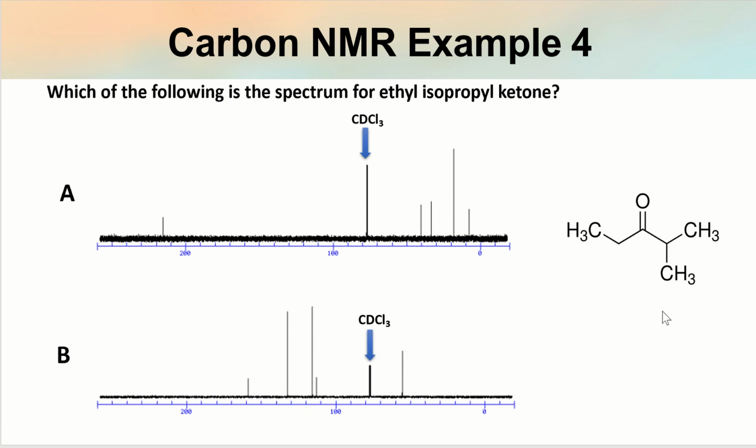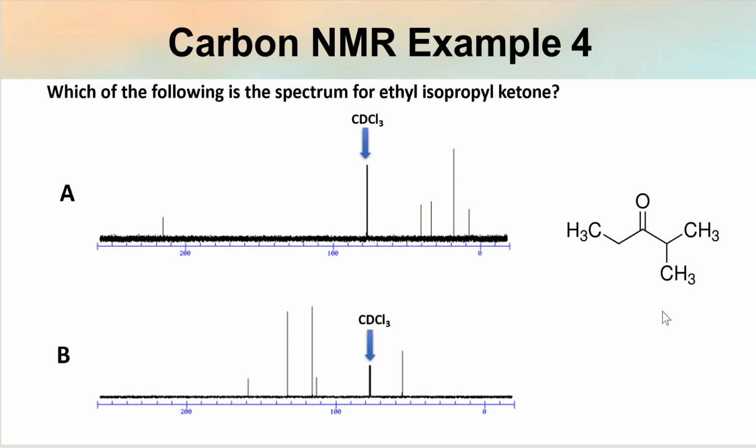You know, that might not help us this time around because both spectra have 5 signals, right? But the first thing you want to think about is how many signals would you expect? And in this case, that information will not help us. So in this case, what we need to know is our table, right?